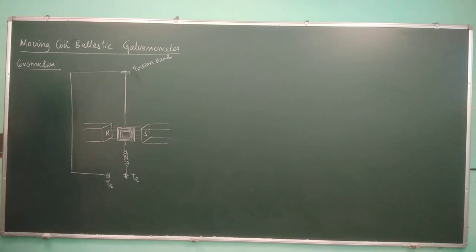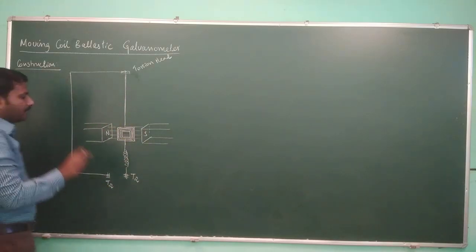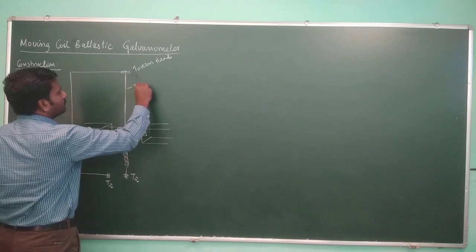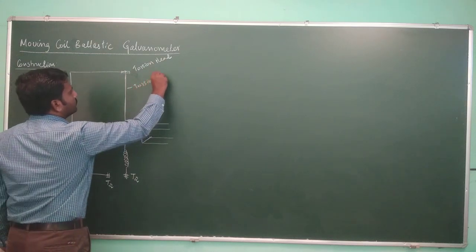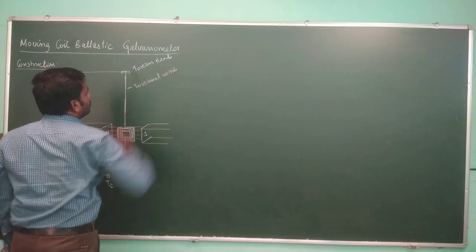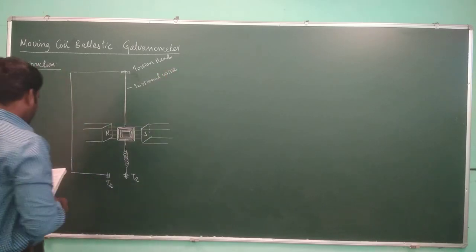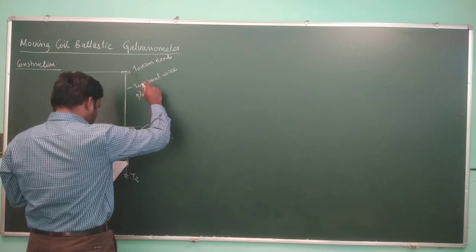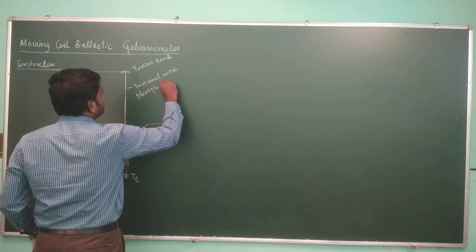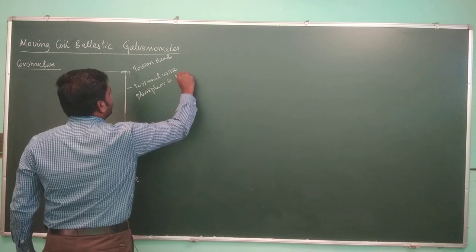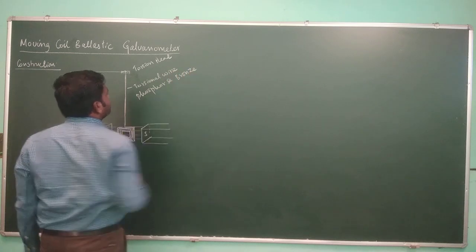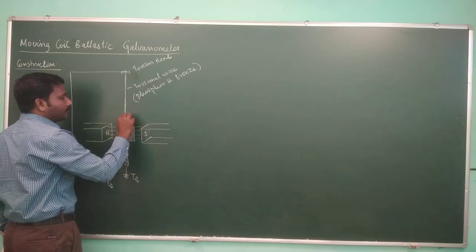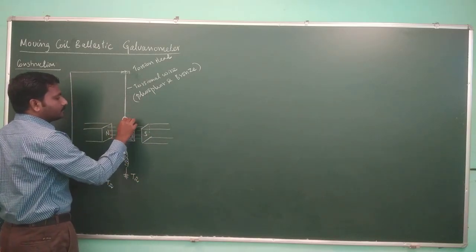When you look back to the moving coil galvanometer, a similar diagram was drawn. So this is the torsional wire, which is made up of phosphor bronze. There is a mirror which is pasted over here.